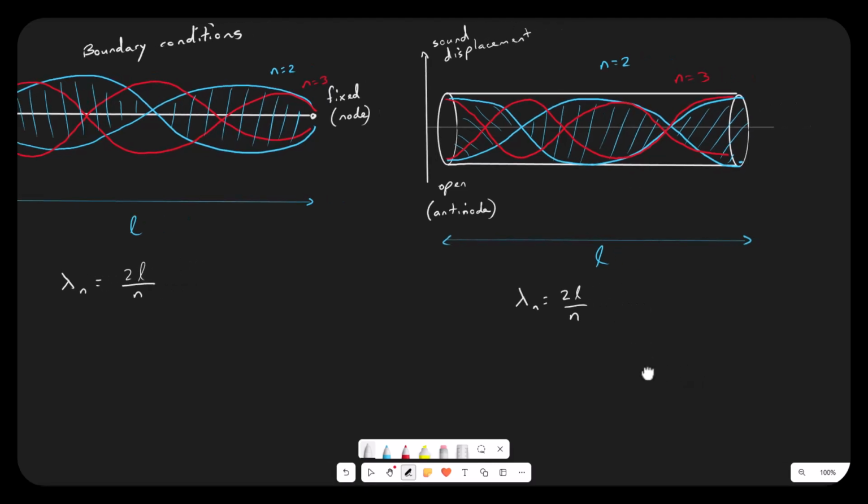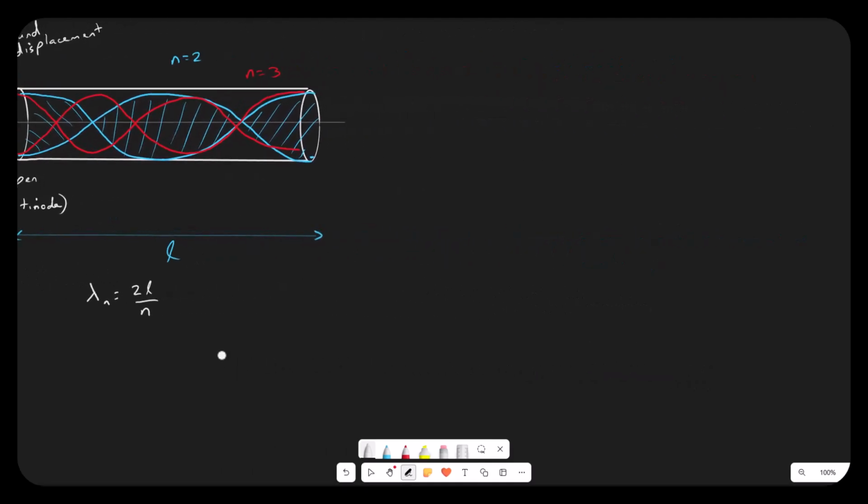There's a little bit more. I get that my sound displacement wavelengths are 2L over n like before, which means my wavelengths and frequencies are going to work the same way, so I'm going to get an n times my fundamental wavelength, or frequency.